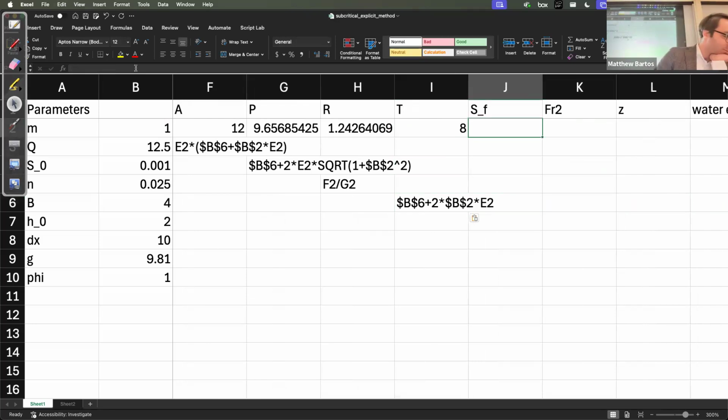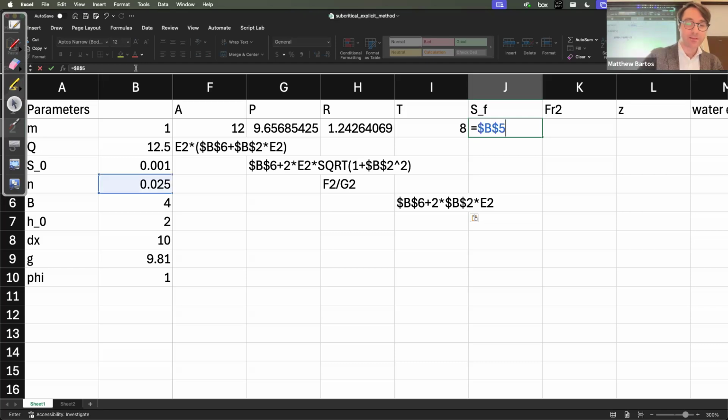All right, the friction slope. This one is kind of long. This is going to be N, the Manning's roughness squared, so that's absolute cell reference B5 squared, times the discharge squared, that's absolute cell reference B3 squared, divided by H2 to the 4/3 power.